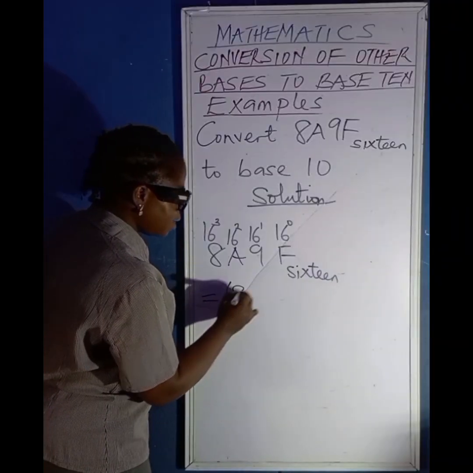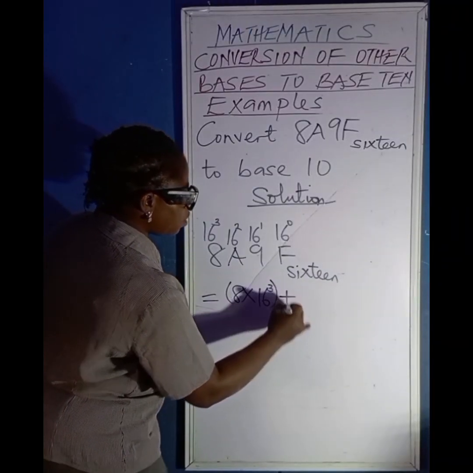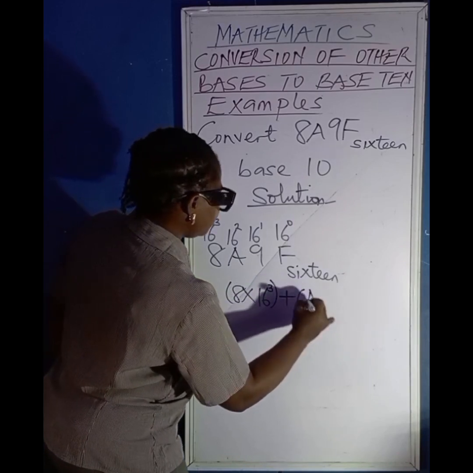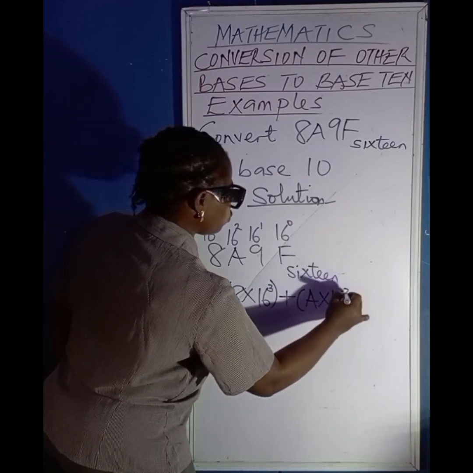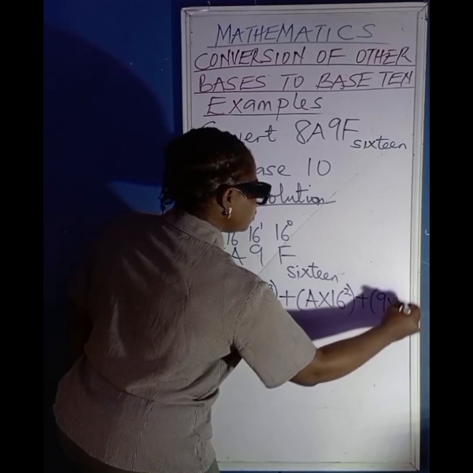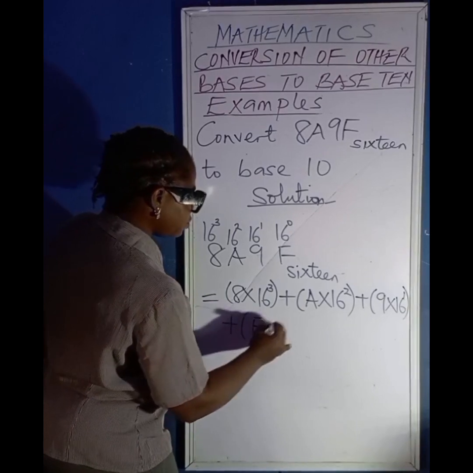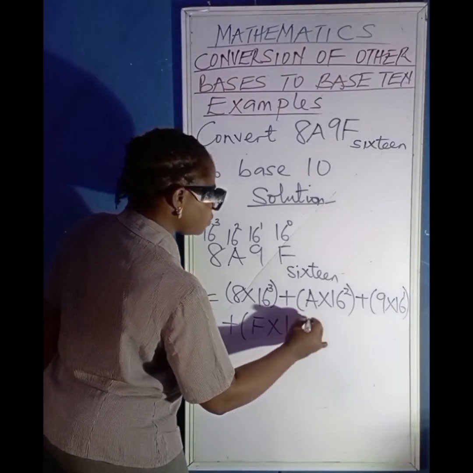This is 8 times 16 raised to power 3, plus A times 16 raised to power 2, plus 9 times 16 raised to power 1, plus F times 16 raised to power 0.